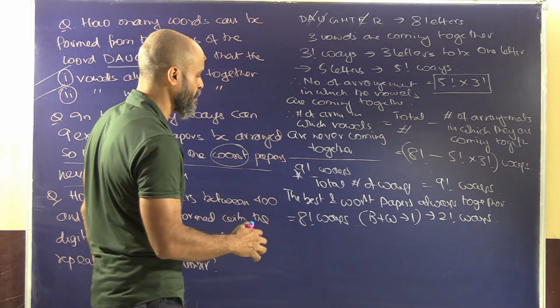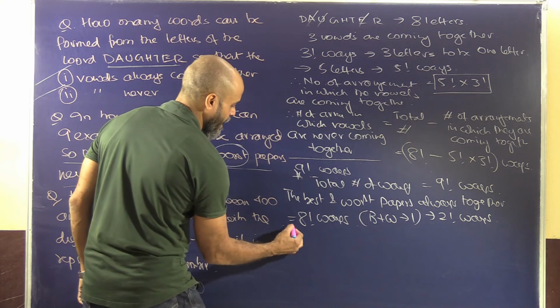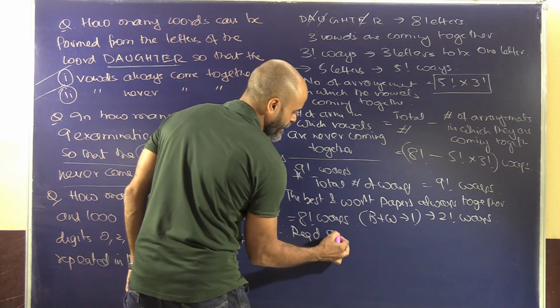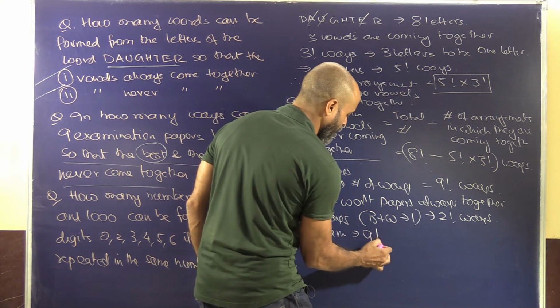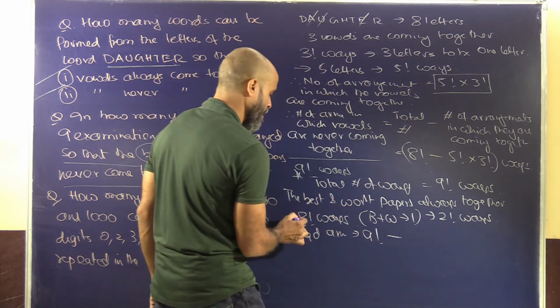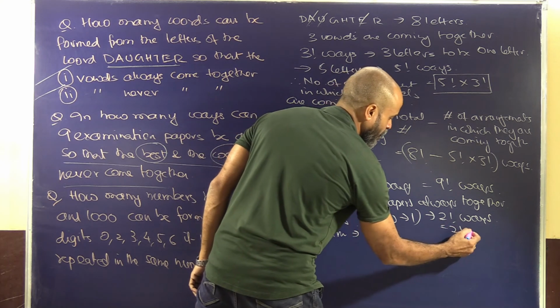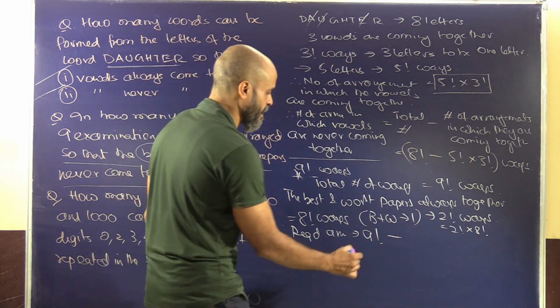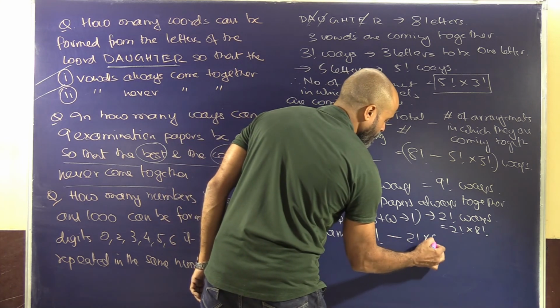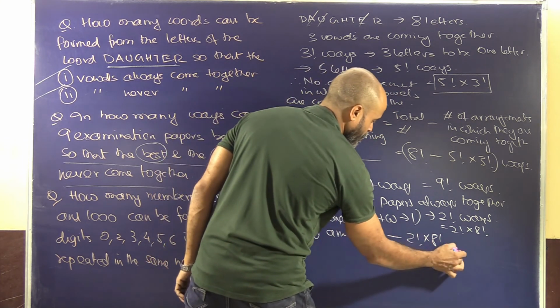So this will be factorial 2 ways. Therefore the required arrangement, where the best and the worst cannot come together, will be the total number of arrangements minus the number of arrangements where they are together, which is factorial 9 minus factorial 2 into factorial 8, whatever the number comes out to be.